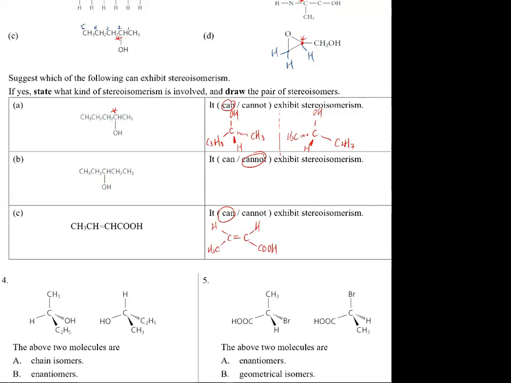And then the next one, we just switch the position of the two. Okay, and here the two identical hydrogens now on different side. So this is a trans isomer. Okay.